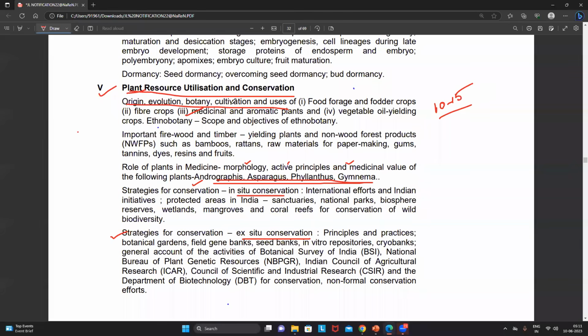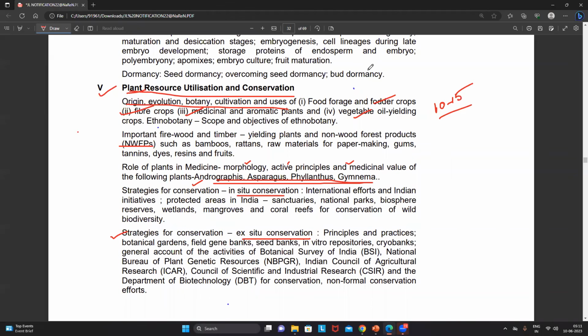Here you have to read almost all the plants, but the more important ones are fiber crops, fodder crops, as well as vegetable oil yielding crops. And here you have to read the most important ones, non-wood forest products.